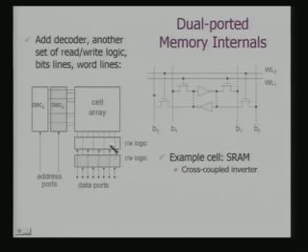This is where the read write logic will come in, and in this case the picture is something like this. You have the same inverters, and now you have 2 sets of bit lines, bit and bit bar. So, you can have simultaneous access, because I can sense B2 and B2 bar and read the data, and similarly B1 and B1 bar and read the data from this cell.